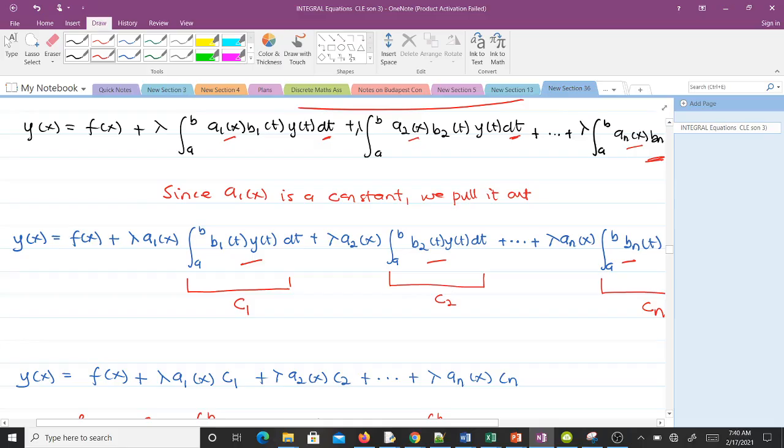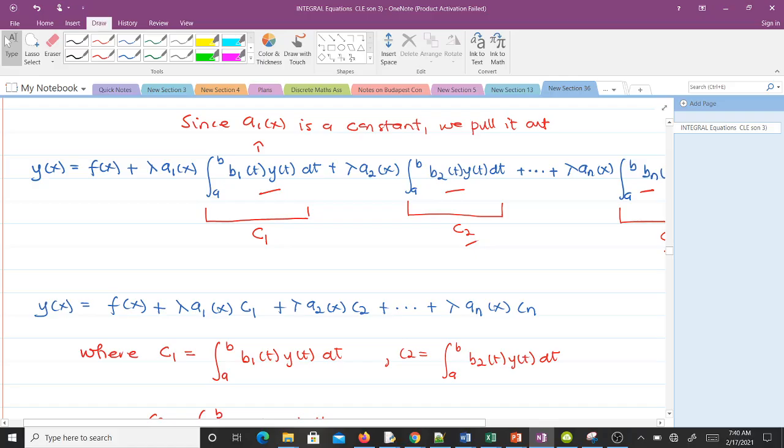When we get this, we have a definite integral here. So we decide to name them c_i. We name this one c1, c2, and c_n.